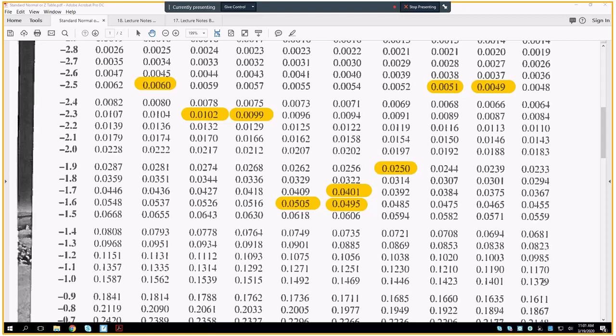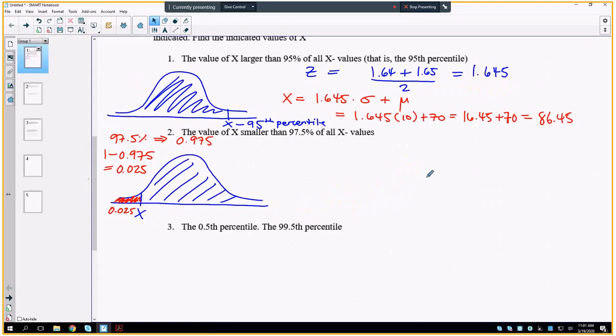So go back to my problem, and I say the z-score that I found out is negative 1.96. And I know how to use that to find x. Negative 1.96 is the number of standard deviations away. So we're 1.96 standard deviations to the left of the mean. So I multiply that by the value of standard deviation, and then I add the mean.